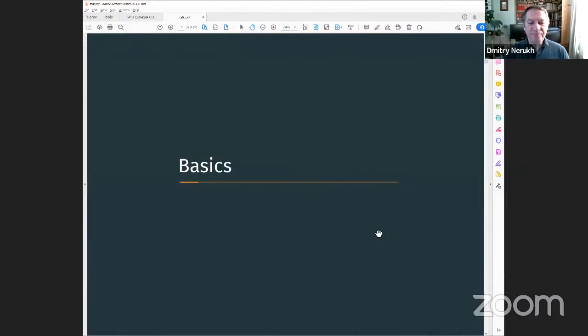So the subject of my talk is the computer modeling of biological molecules. I'm sorry, it's a little bit off the topics for the conference, but I believe it will be interesting for you. I will try to explain in simple words, starting from the basics.